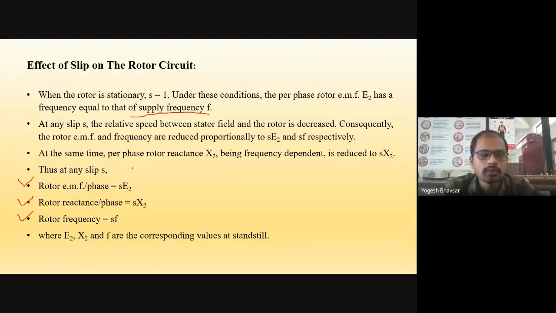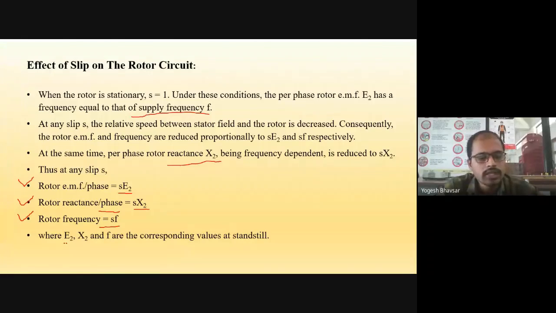At the same time, the per phase rotor reactance X2, which is also a frequency dependent parameter, reduces to s times X2. So we generalize for any slip s: the rotor induced EMF per phase is equal to s times E2, the rotor reactance per phase is equal to s times X2, and the rotor frequency is s times f, where E2, X2 and f are the corresponding values at standstill.